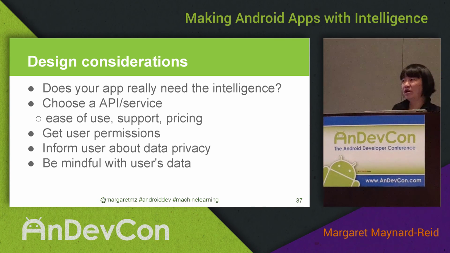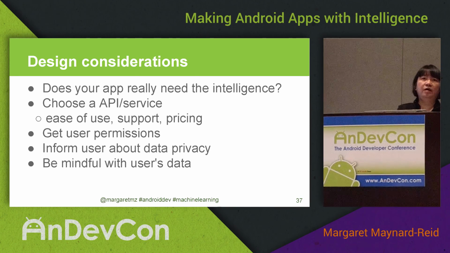And a lot of these APIs, like I talked about vision, you will likely take a picture or get an image from your device, right? So think about getting permissions from your user, handle the permissions. And another big issue I find with intelligence, or putting so much intelligence in your app, is privacy.